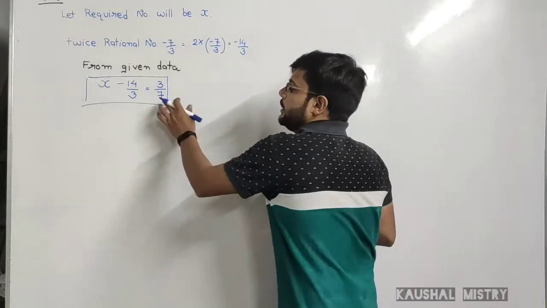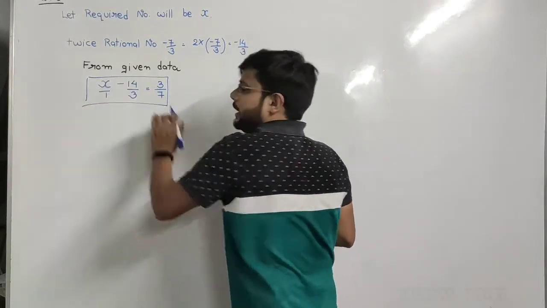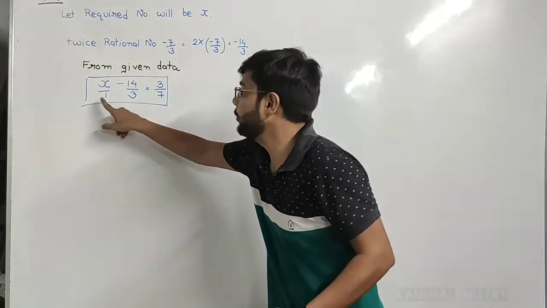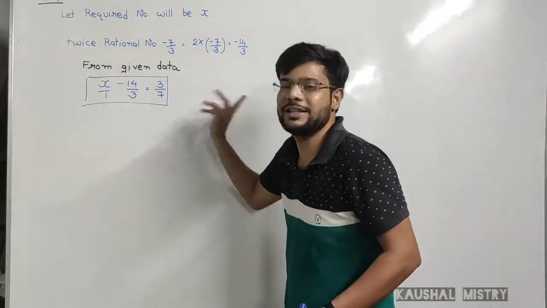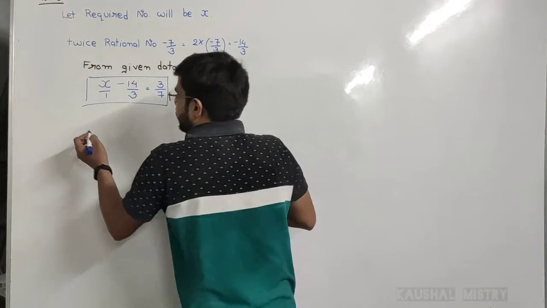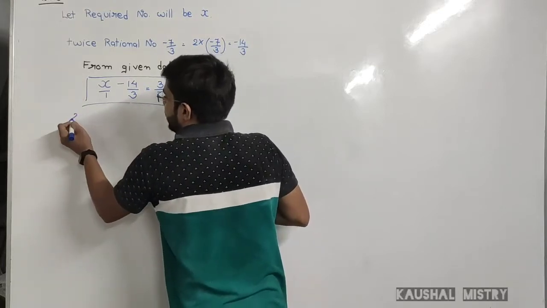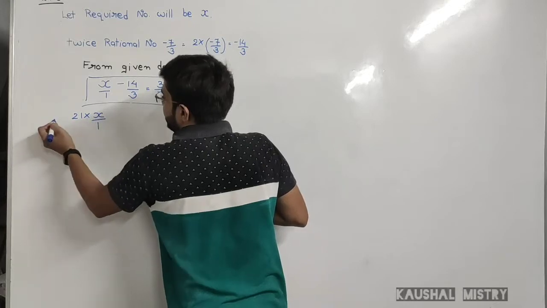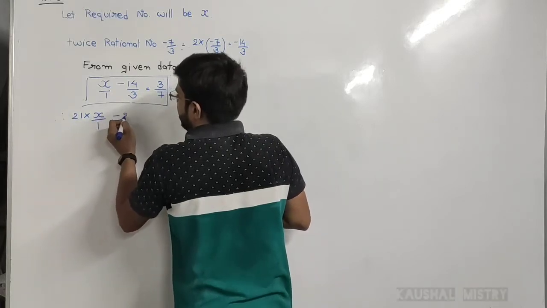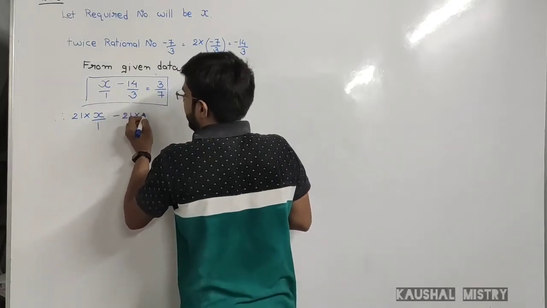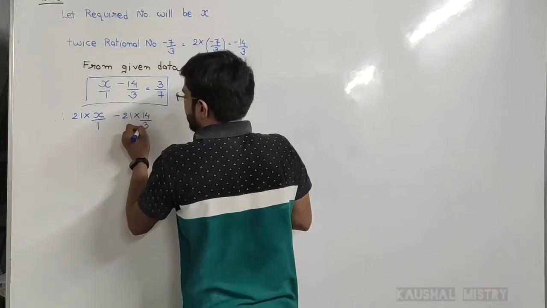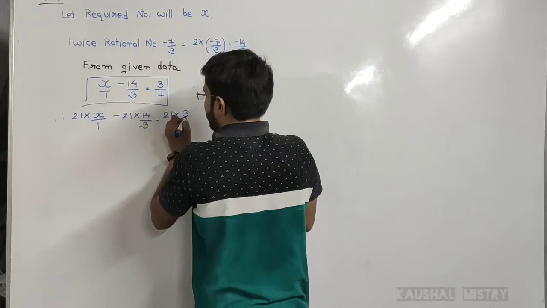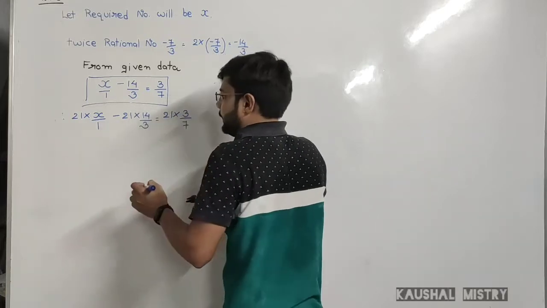Now as you can see that it is in numerator denominator form. So what we have to do, we have to take the LCM of 1, 3 and 7. That we know is 21, so we have to multiply all the terms by 21, right? 21x minus 21 multiplied by 14 upon 3, that is equal to 21 multiplied by 3 upon 7, right?